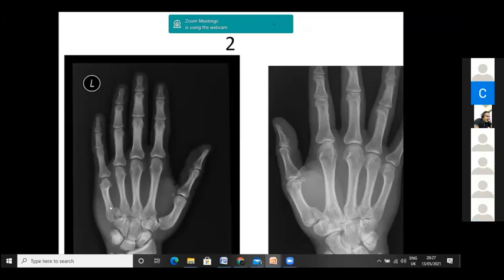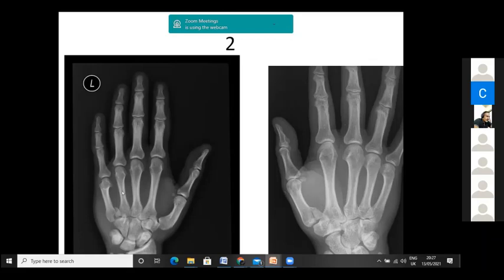So what is this fracture, Anto? Anto, what is this fracture? Fracture base of fifth metacarpal. Okay, that's a perfect answer. So this is similar to a Bennett.